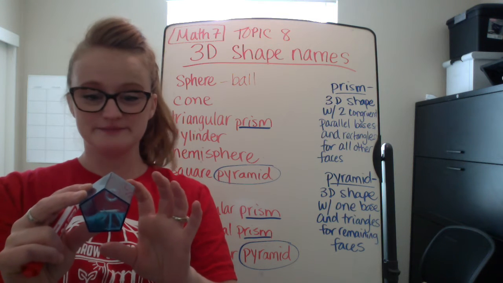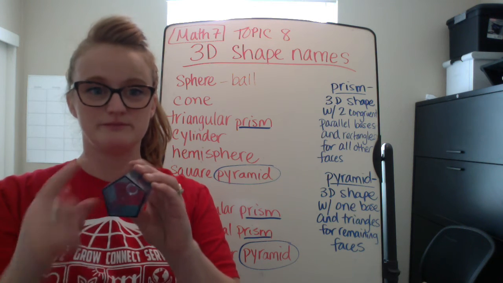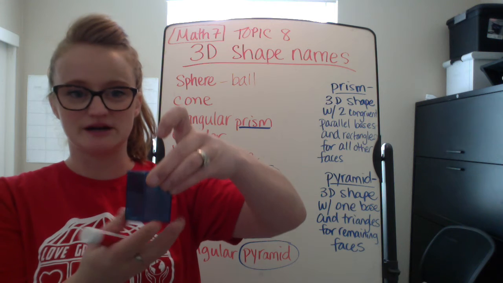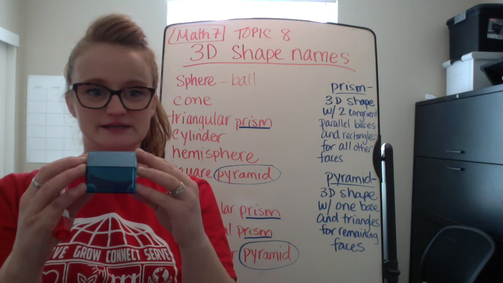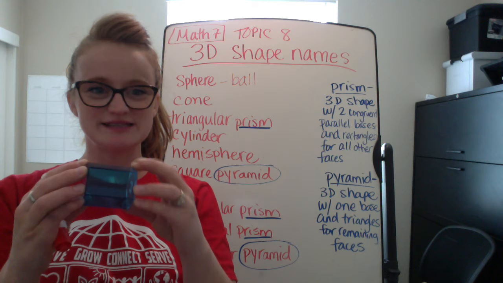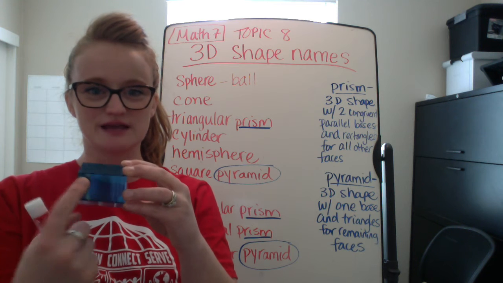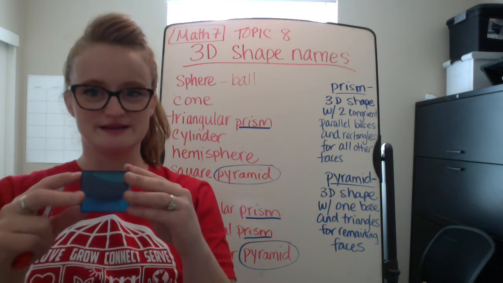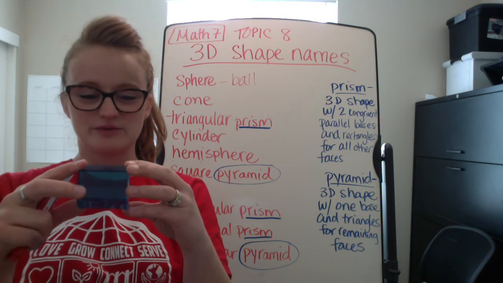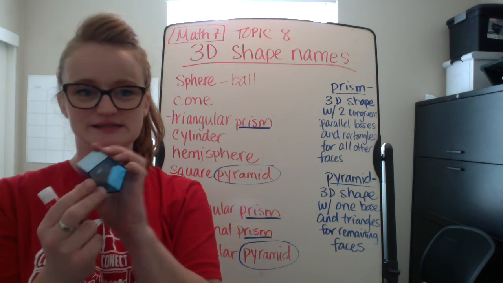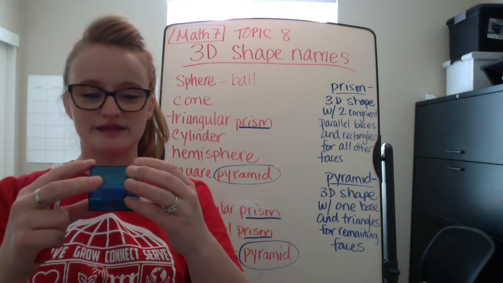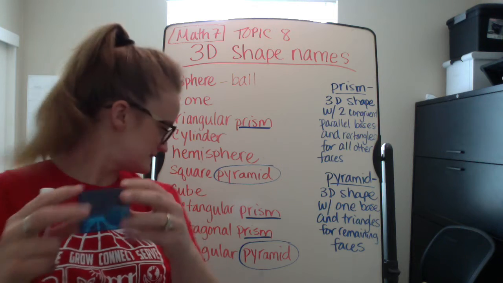A pentagonal prism means that both bases are pentagons, and all of the other faces, if I slowly twist this, you can see are rectangles. A prism is a 3D shape with 2 congruent parallel sides that it's named after. In this case, it's a pentagon, and then rectangles for all the other faces.